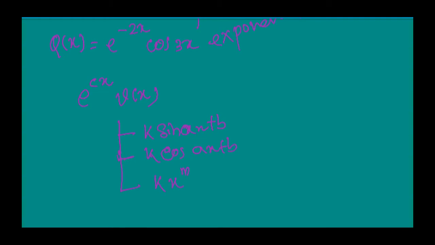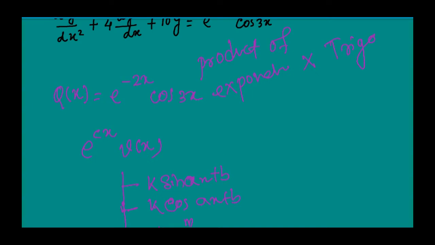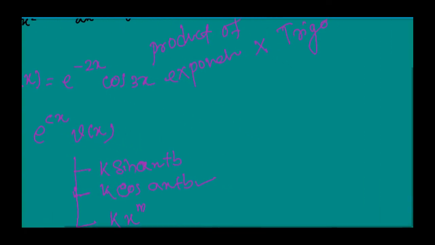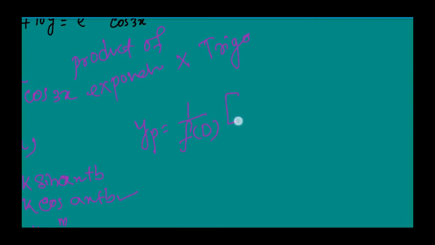If V(x) is this one, here in this case V(x) is cos x, that means trigonometric. So what will be the form? The particular solution y_p will be 1 by f(D), function of the differential operator, e to the power cx into V(x).